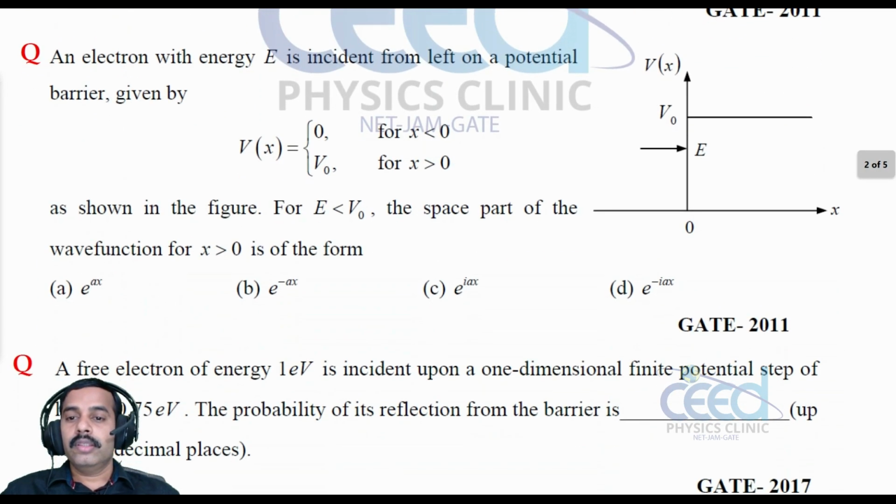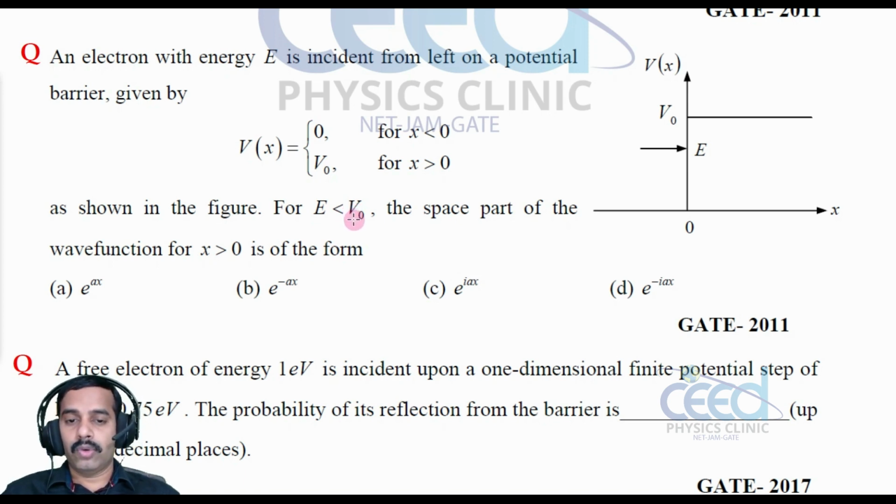The question is, an electron with energy E is incident from the left on the potential barrier given by V of x equal to 0 for x less than 0 and V0 for x greater than 0, as shown in the figure. For E less than V0, very important, we have to make sure whether the energy of the hitting particle is less than or greater than the potential barrier.